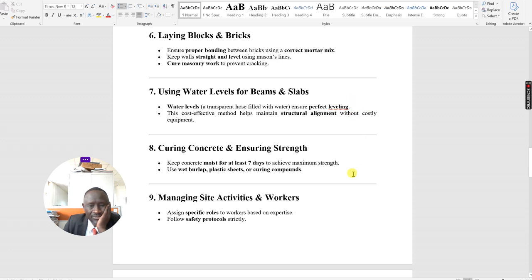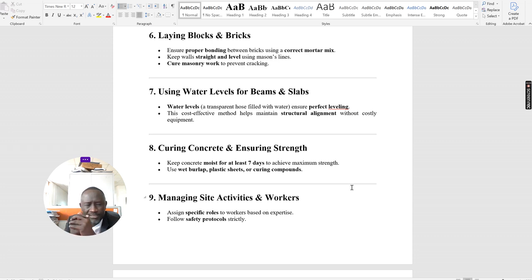Curing concrete and ensuring strength. You have to keep concrete moist for at least 7 days to achieve maximum strength. Of course, we have different concrete. If you have a structural element, a non-structural element, a bridge, a building, they do have different minimum periods.